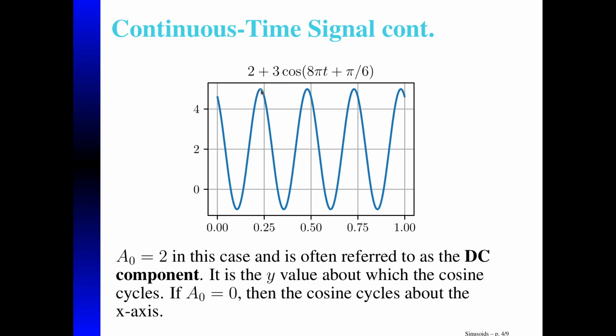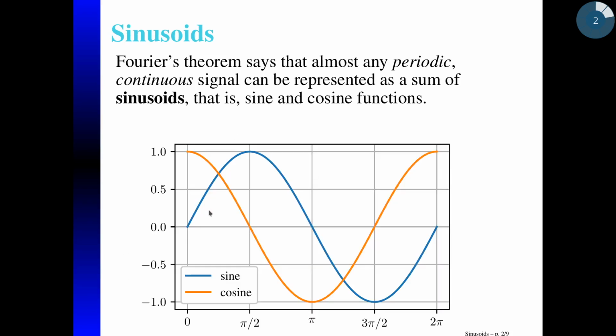It cycles back and forth around this line. For many things we'll look at, we'll just have 0 for that value, which means we'll cycle around 0. If we go back and look at what we had, whether it be the cosine or the sine, a naught was 0, so we cycle around the x-axis.